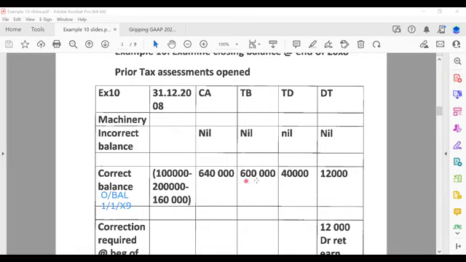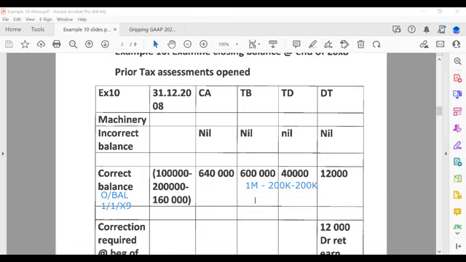How did we work out our tax base? To work out our tax base, we would have taken 1 million minus 200,000 for X7, and we subtract 200,000 for X8, and that would have given us 600,000. Well done. Cost minus wear and tear.